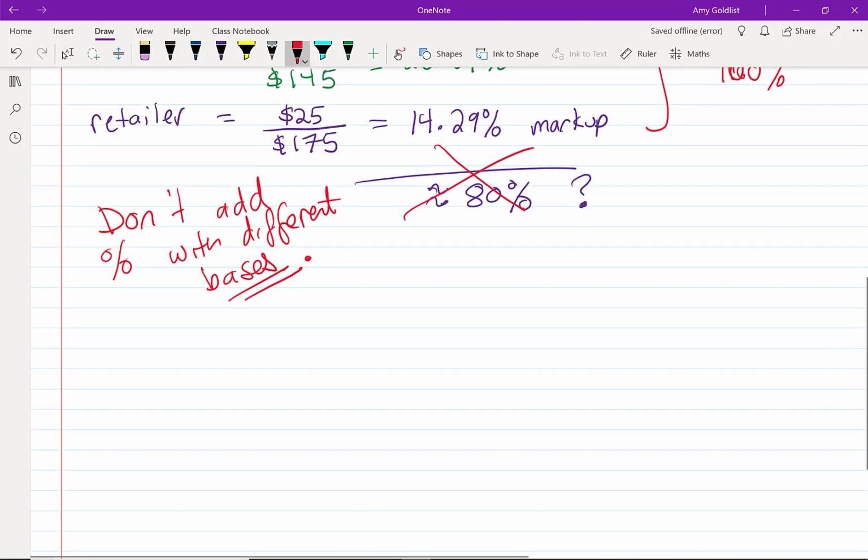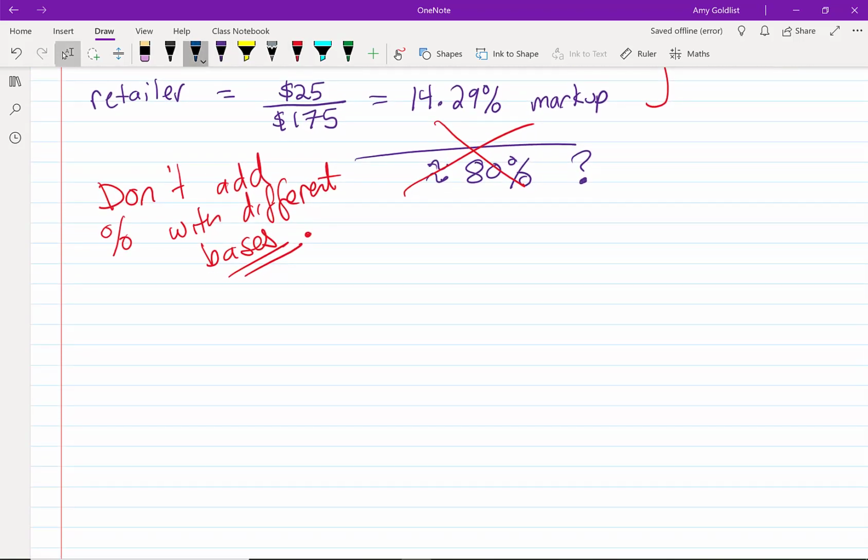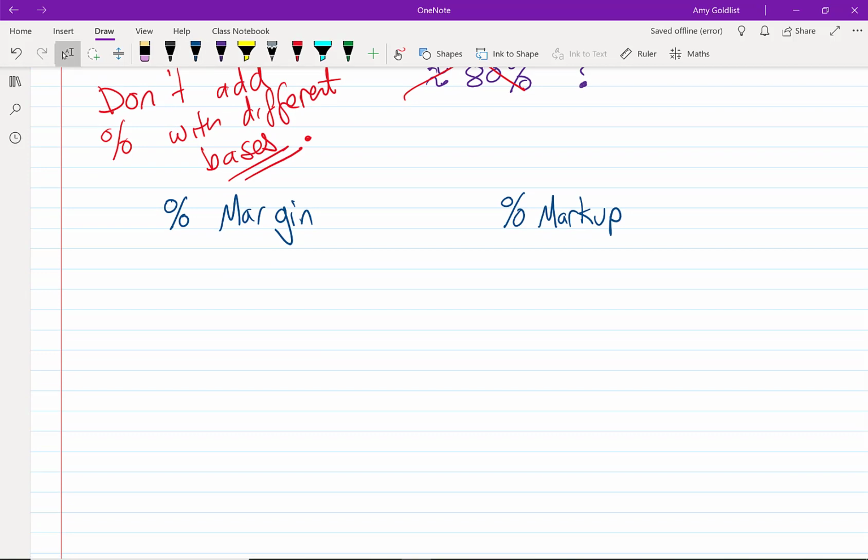Okay, let's talk about margins and markups. Percent margin versus percent markup. Margin is based on sales. Markup has cost as a base.